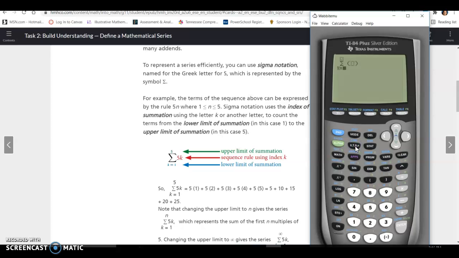It says k or another variable. We use x the most often, so I just use x because the variable doesn't matter. And then I'm going to go from 1 to 5, and I want to evaluate 5k. And since we used x, we'll use x here again. All right, so if we do that, the sum of those numbers is 75.